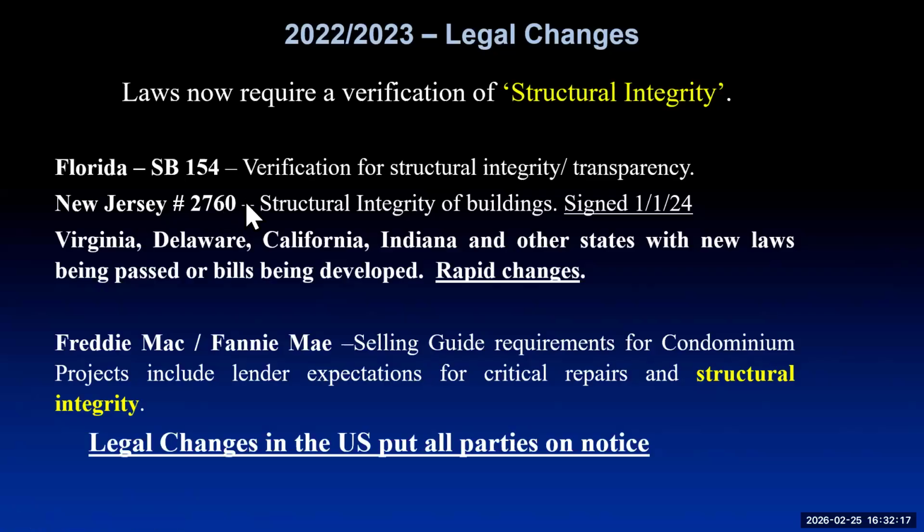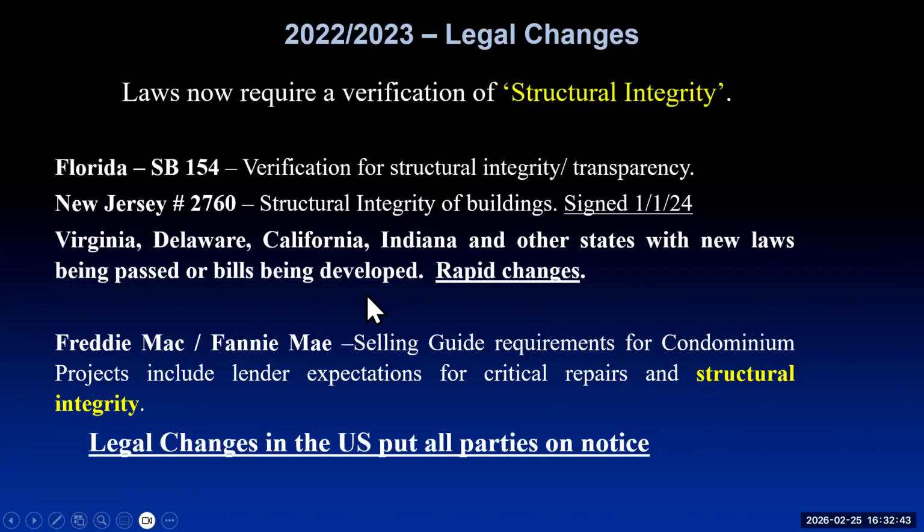New Jersey 2760 requires structural integrity of buildings, and that was 1st of January 2024. And there are laws now in Virginia, Delaware, California, Indiana, and other states. And there are rapid changes.